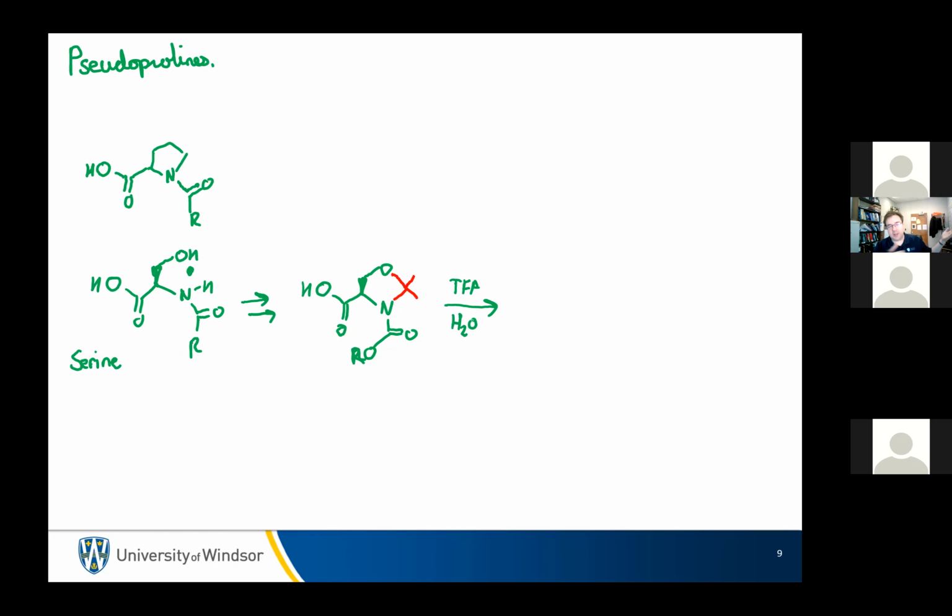It's got nitrogen here instead of an oxygen, so it's even easier to cleave, and so this comes off really fast. So if you use the right amount of acid, you can just cleave this off. You liberate it back to serine. So the cool thing is, you put in this fake proline, you use that to make your turn, and then you've got serine back.